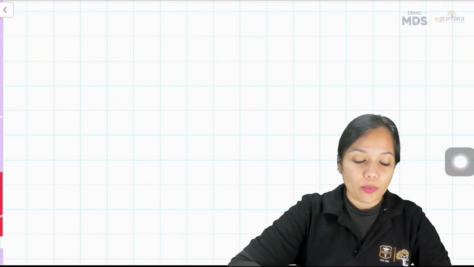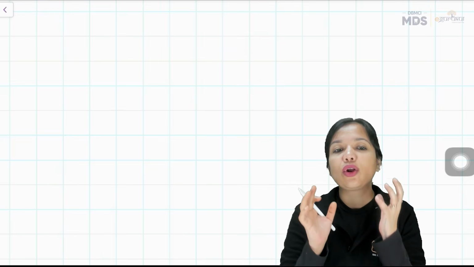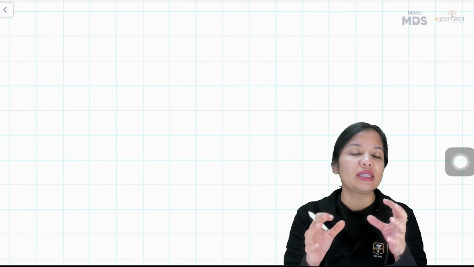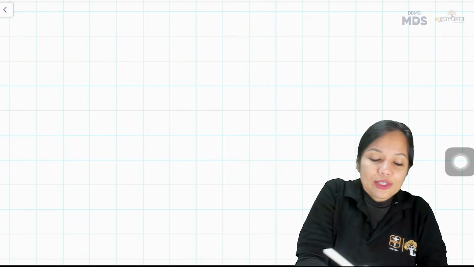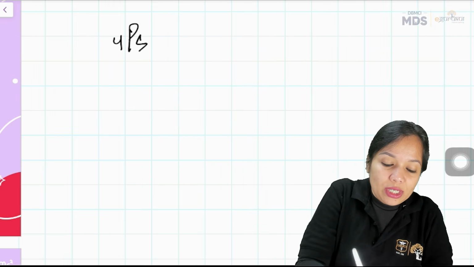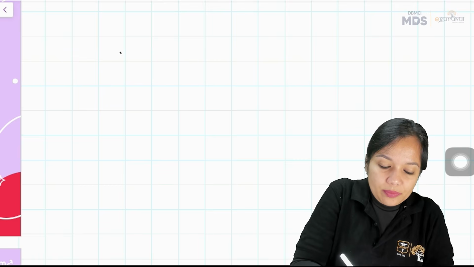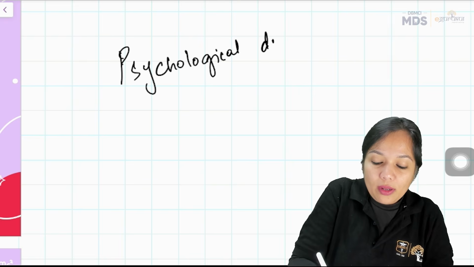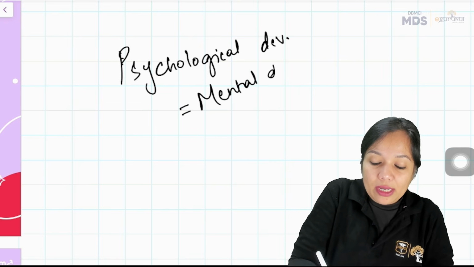To begin with, what exactly is psychological development? The first thing that comes to your mind is mental development. So you equate psychological development with just the general mental development, right?